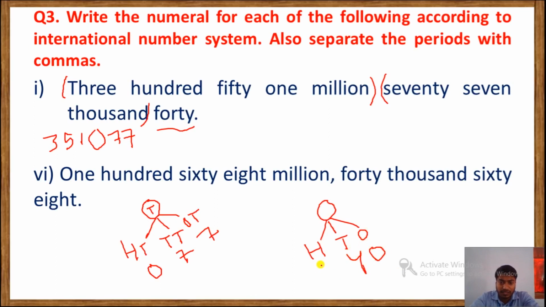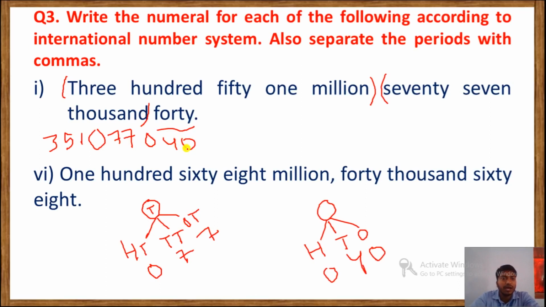For 100 place we don't have any value, so we'll write here 0. So we can keep 0 4 0. Okay, this is what 351,077,040. So this is how we can write this numeral.